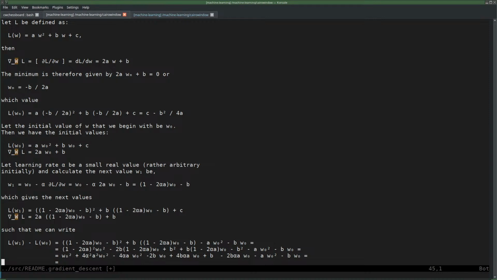Jesus Christ, I had not expected this to be this hard for the very simplest case.